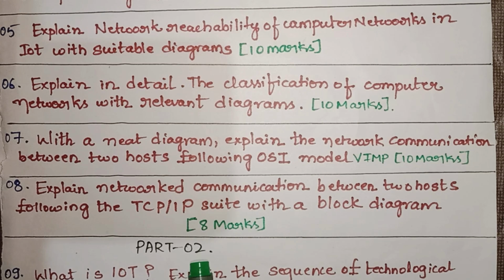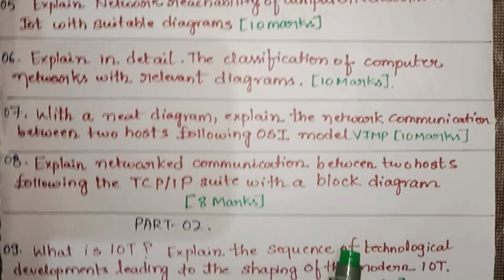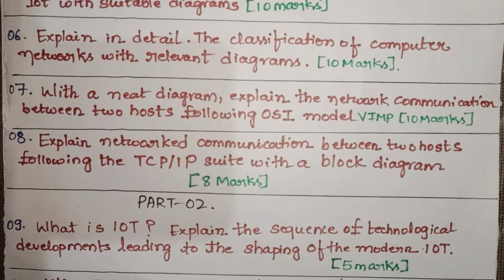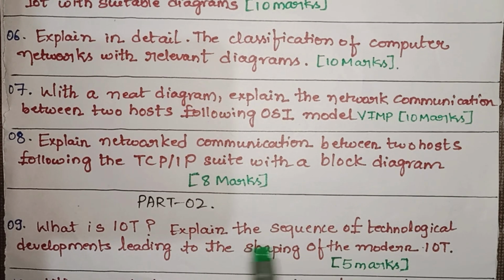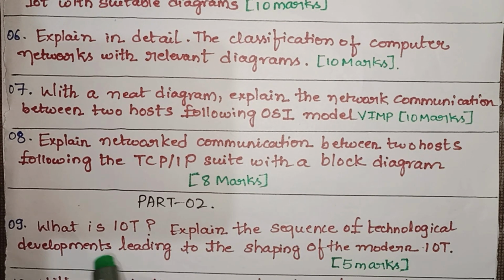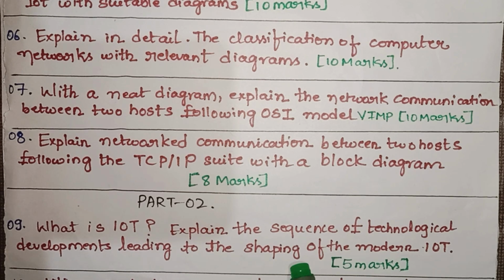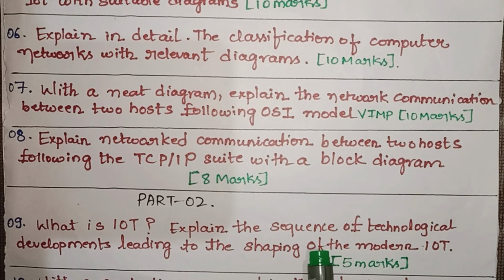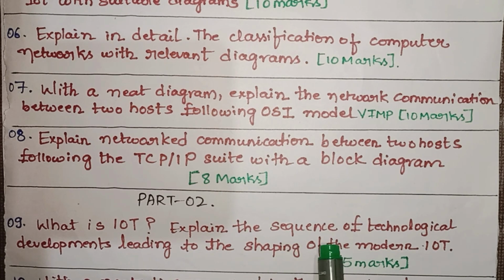And the next part is emergence of IoT. Let us see the emergence of IoT questions, what they have asked. What is IoT? Explain the sequence of technological developments leading to the shaping of the modern IoT. Here you need to explain the definition of IoT, and you should explain the evolution of IoT with block diagram.